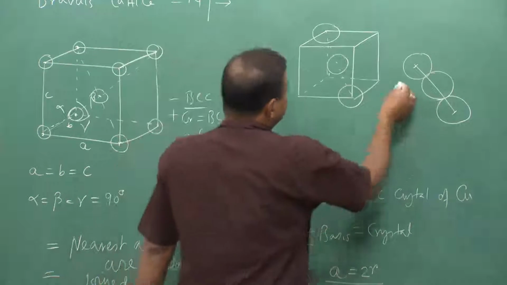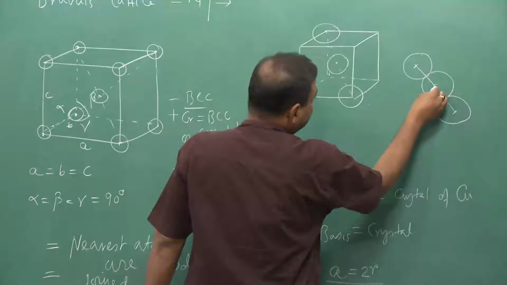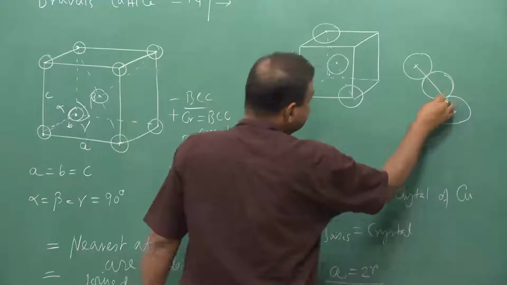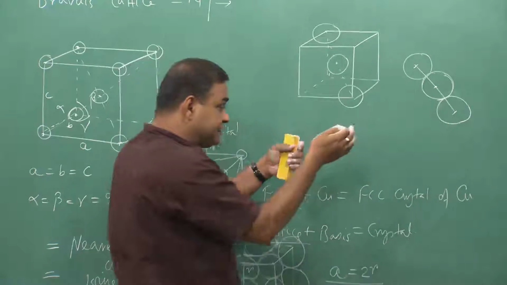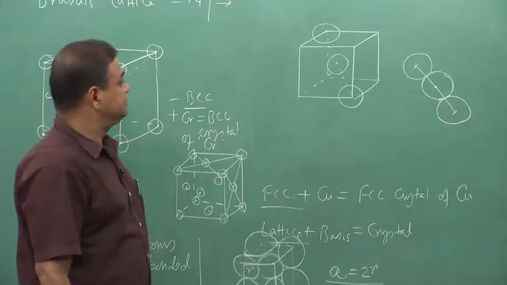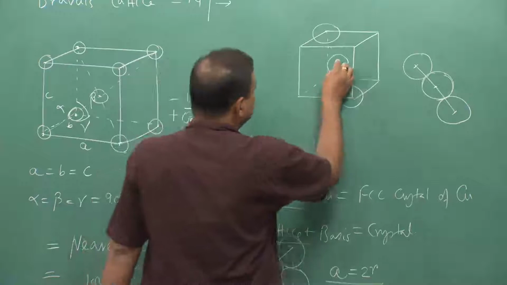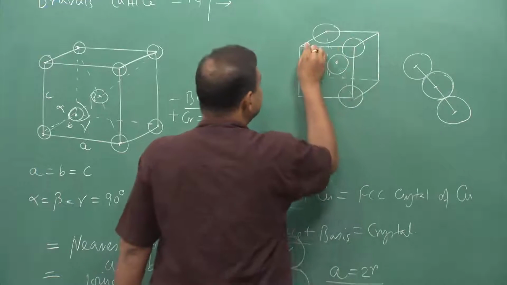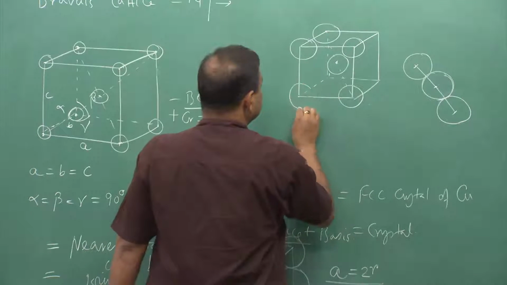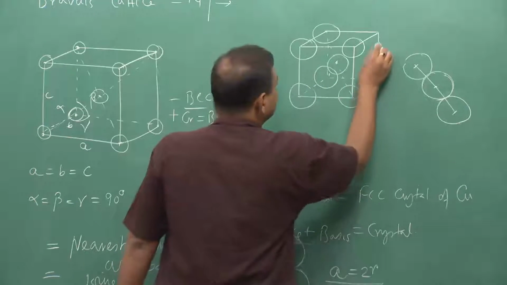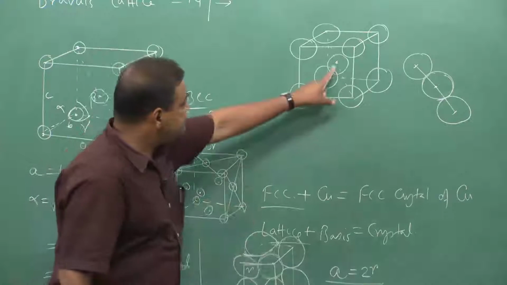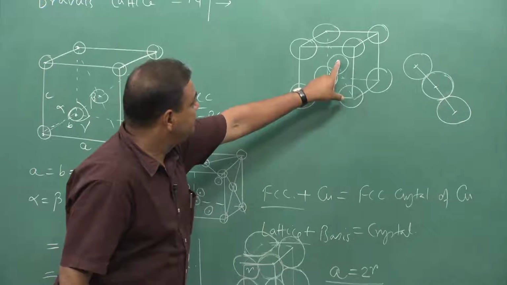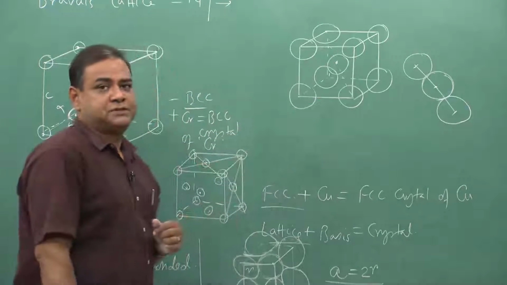And this center atom is bonded to this atom and this atom, because these are the nearest atom bonding. Then this atom would also be bonded with this atom. So, this center atom will be bonding to all the corner atoms.